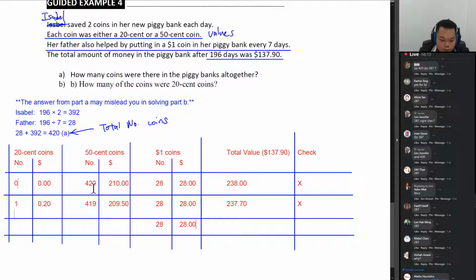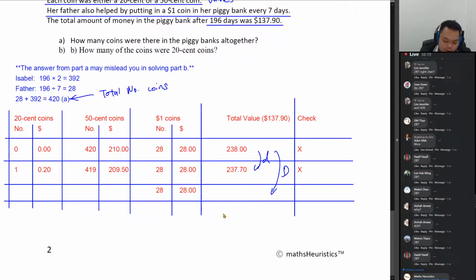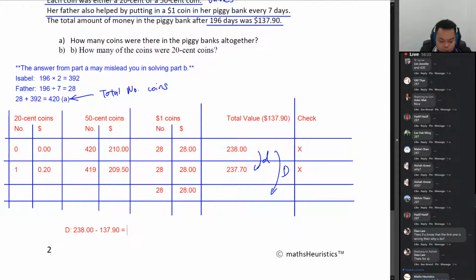So the last one over here is, remember, big D, small d. Find out the big D, find out the small d first. Okay, big D will be 238.00 minus 137.90. So this will give you 100.10.